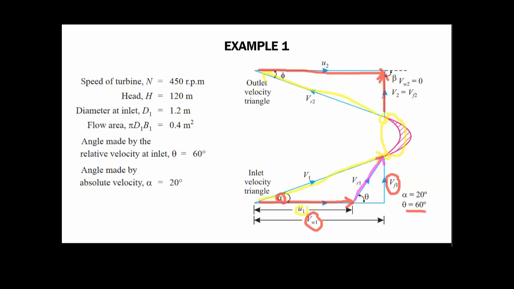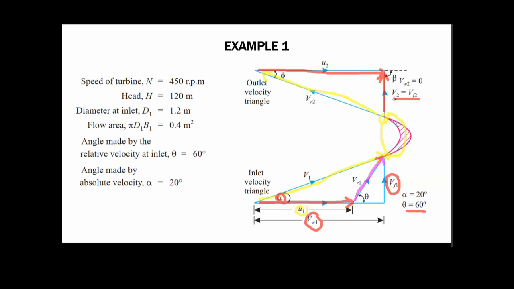Okay, and in this case, because the water exits the vane axially, beta 2, or beta in this notation, is equal to 0, which means v2 is equal to vf2.